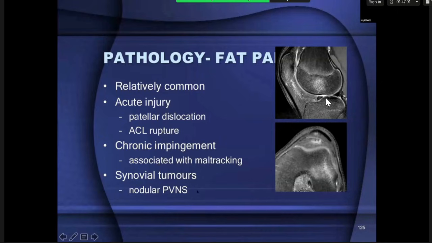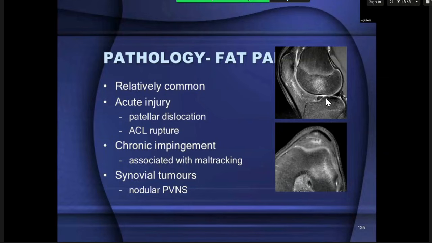I have not included tumors in this section because that would have meant a completely different and another long session by itself. But when it comes to synovial proliferating masses, remember, pigmented villonodular synovitis is by far the commonest diagnosis. You see 9 cases of PVNS, and then you see 1 case of synovial osteochondromatosis.